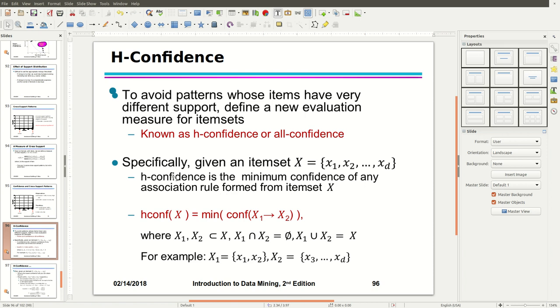So H confidence is the minimum confidence of any association rule formed from item set X. We use H confidence to avoid patterns whose items have very different support, that is, to avoid these cross supports.